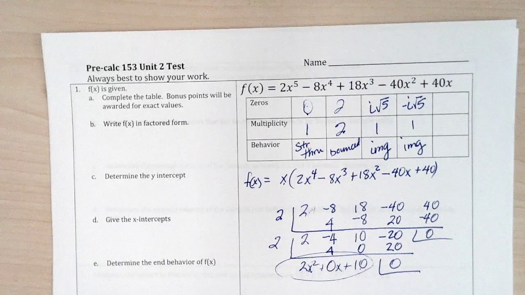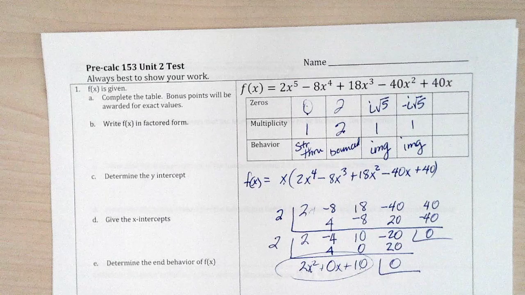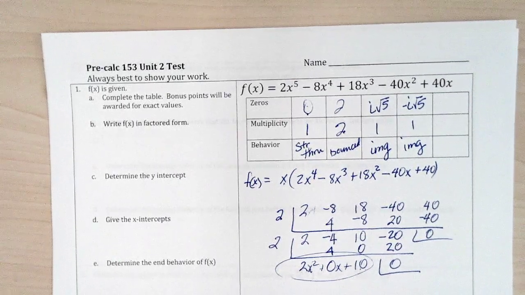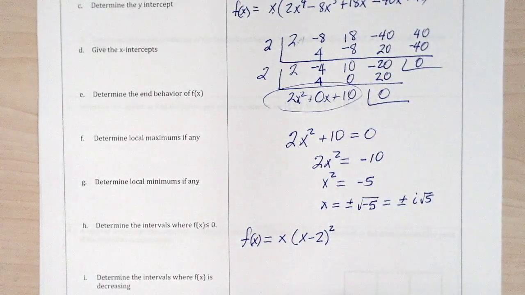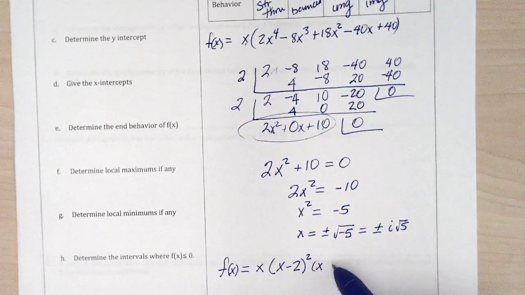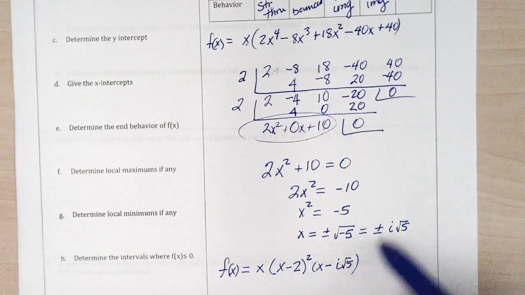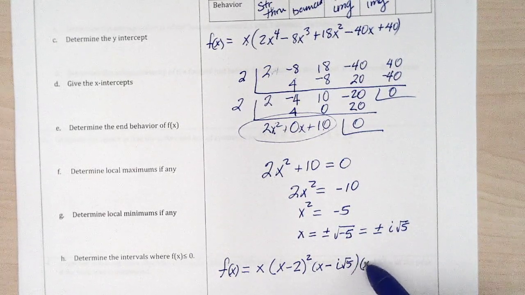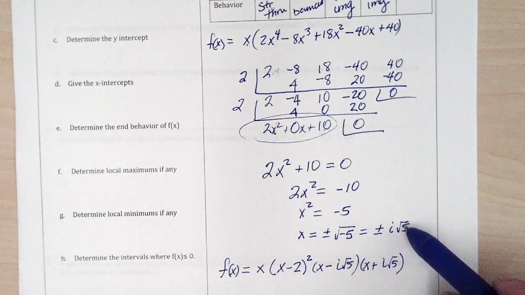So, what's my polynomial look like factored? So we know it had an x, minus 2 twice, and an x minus i square root of 5 for the plus one, and x plus i square root of 5 for the minus root.